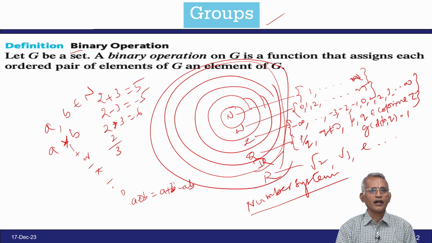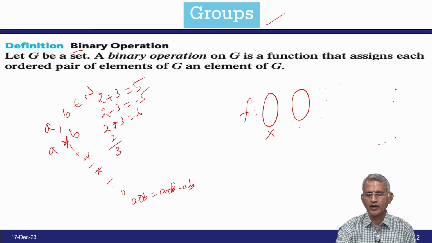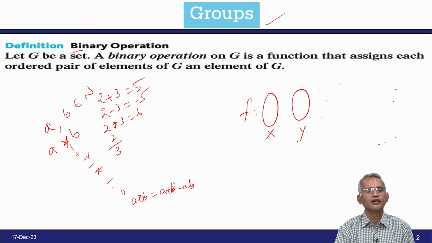Try to understand this binary operation on G: it is a function that assigns to each ordered pair of elements of G an element of G. Function means a map f from X to Y, where X and Y are non-void sets, meaning non-empty sets. Non-empty means at least one element in that set.